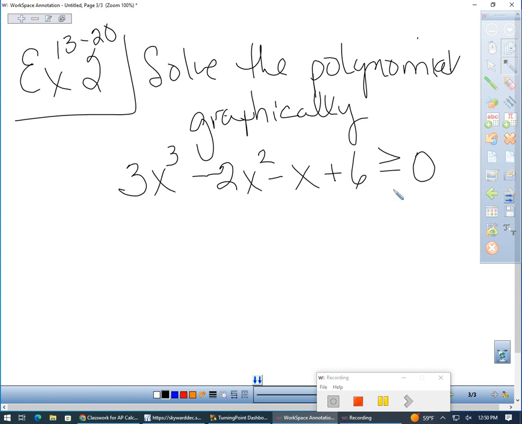Now when you graph it, it should look something like this. It crosses here and does this, right? We need to know where this is, because from there to the right, it's all positive. So how do we figure out where that 0 occurs?